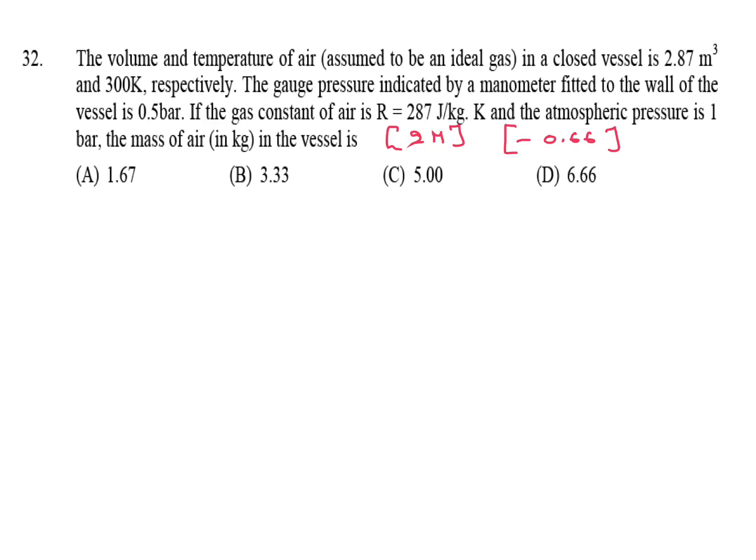The volume and temperature of air, assumed to be an ideal gas in a closed vessel, is 2.87 meter cube and 300 Kelvin respectively. The gauge pressure indicated by a manometer fitted to the wall of the vessel is 0.5 bar. If the gas constant of air is R equal to 287 joule per kg Kelvin and the atmospheric pressure is 1 bar, the mass of air in kg in the vessel is how much? This is an ideal gas.